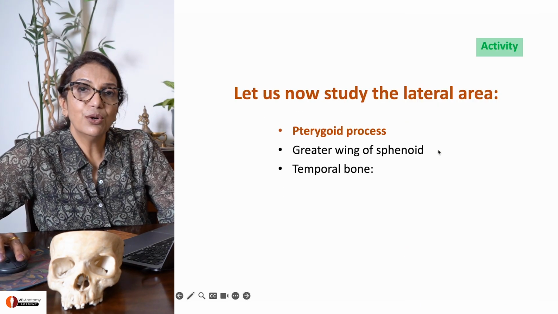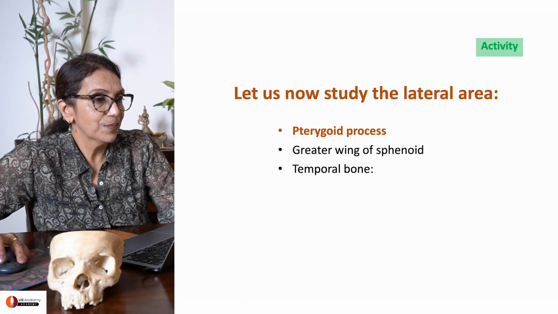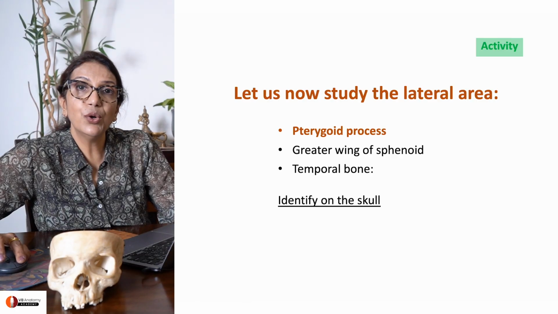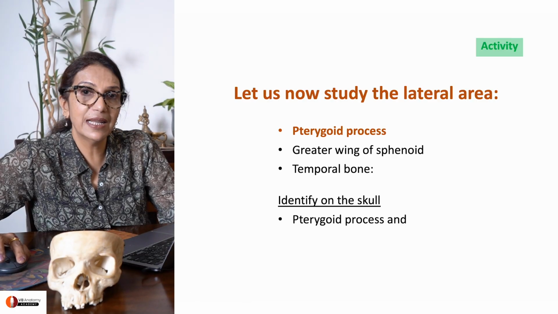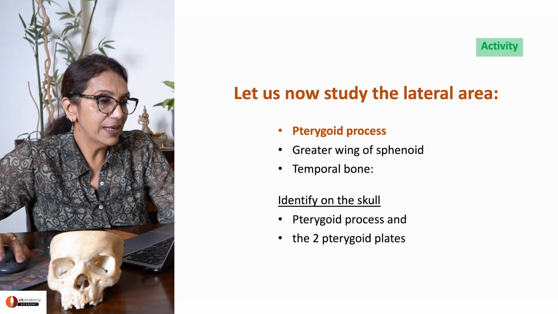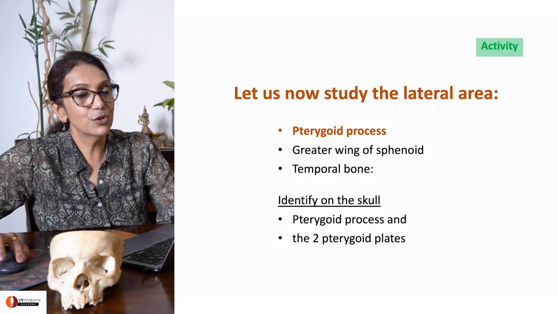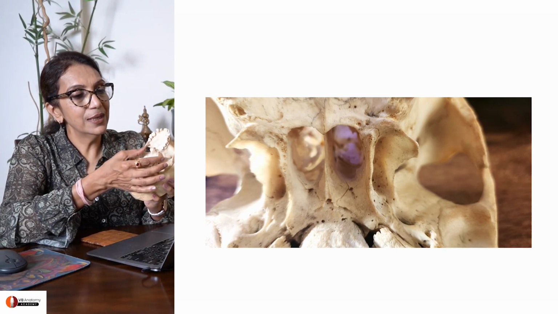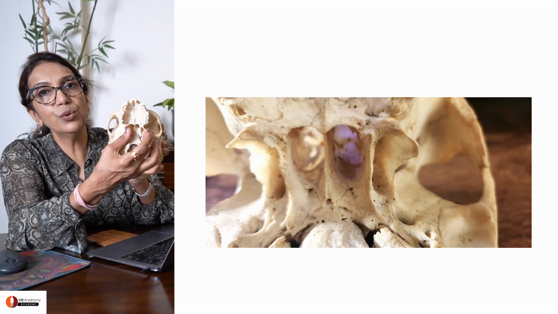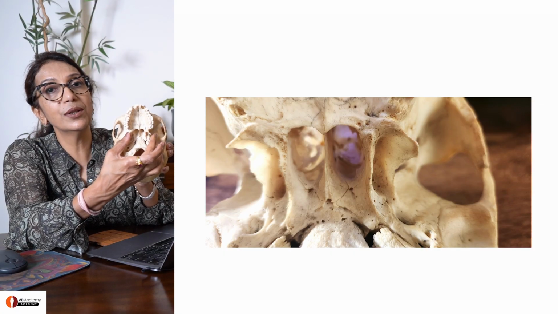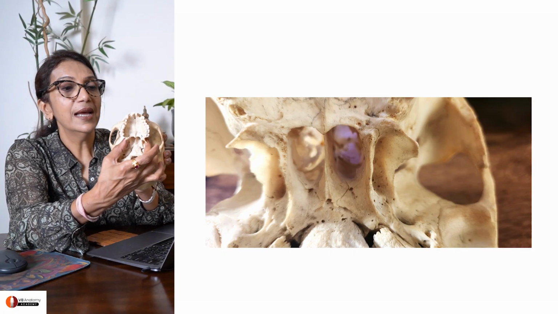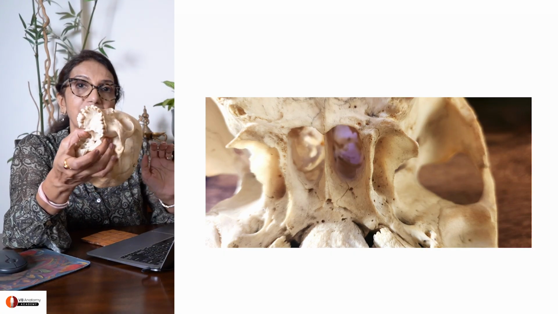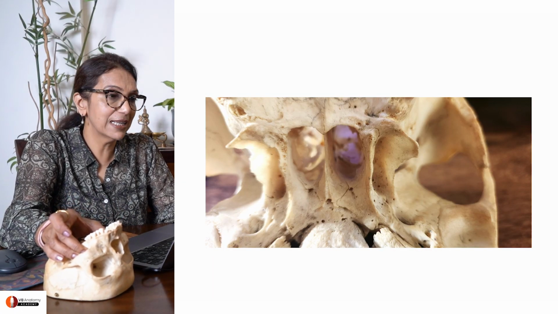Let's first focus on pterygoid processes, where I want you to identify on the skull the pterygoid process and the two pterygoid plates. So I'm going to show you this. Zoom in on this area. I want you to look at this area on the skull that you have in your hand and then compare that area to the image that you're seeing on the screen.